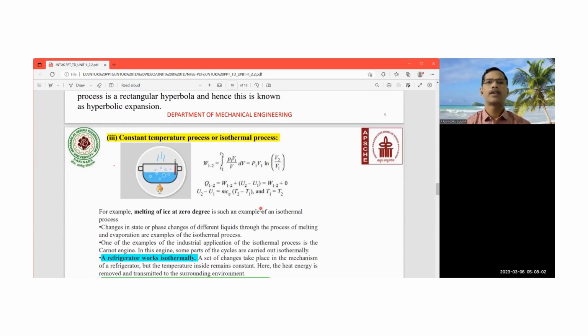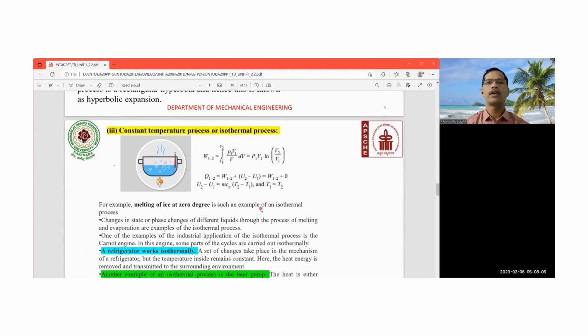Examples you can consider are constant pressure, isothermal processes such as the melting of ice at 0 degrees.